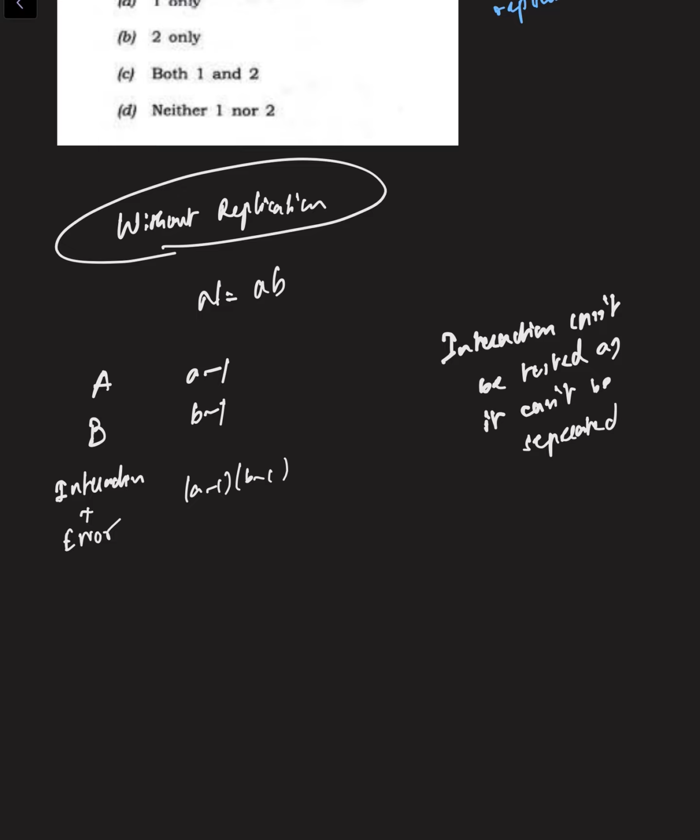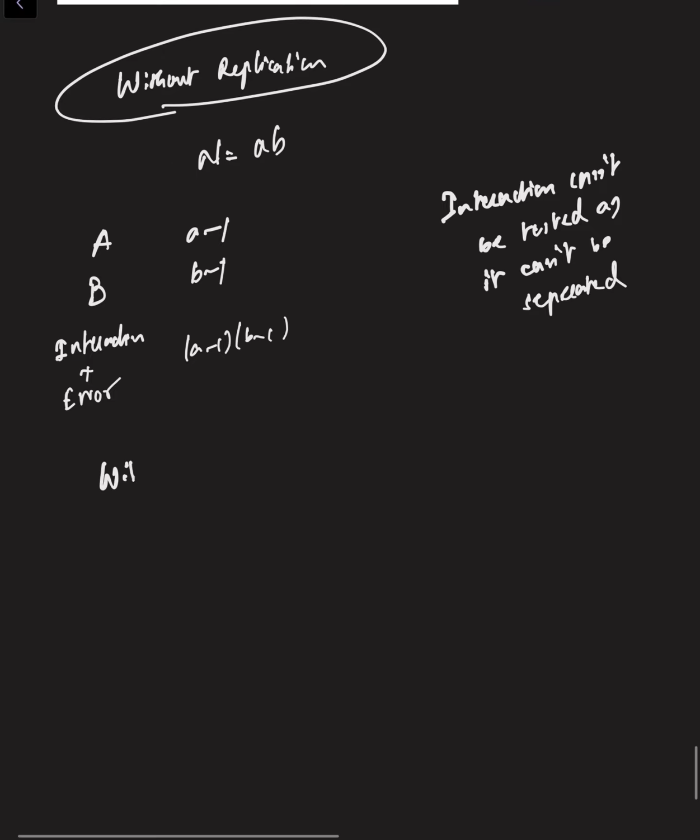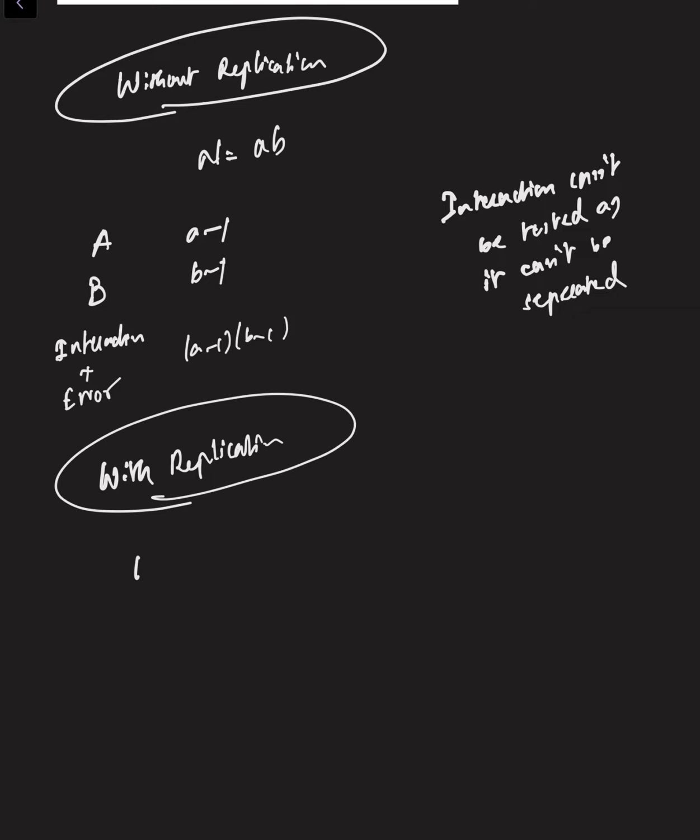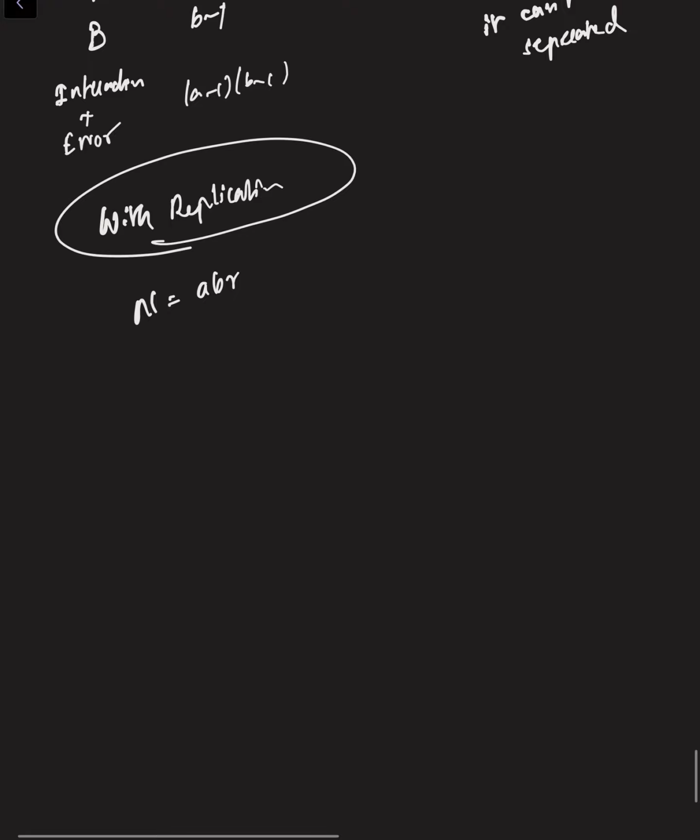Whereas in the with replication case, we have r observations per cell, so n is a b r. With a the degrees of freedom will be a minus 1, for source b we have b minus 1, for the interaction we have (a minus 1) times (b minus 1), and for the error we have ab times (r minus 1).